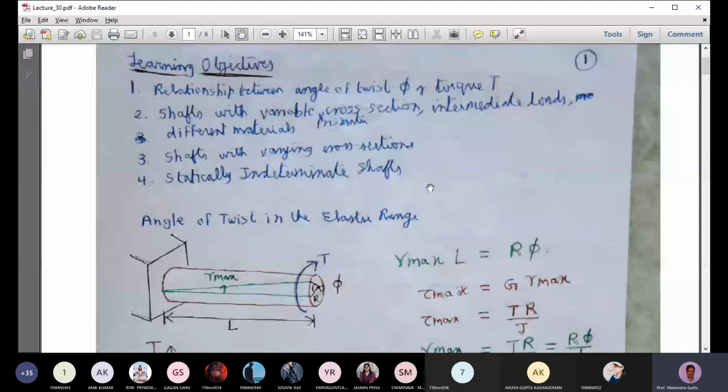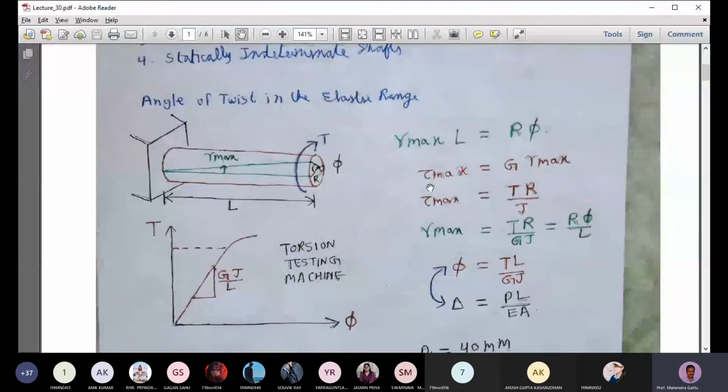So let's begin with the relationship between angle of twist in a circular shaft subjected to a torque T. Here we have this shaft which is fixed at one end, and on the other end we are applying a torque T. The length of the shaft is L. Under the action of the torque, the initial horizontal line will rotate and form an angle of gamma max on the outer circumference.